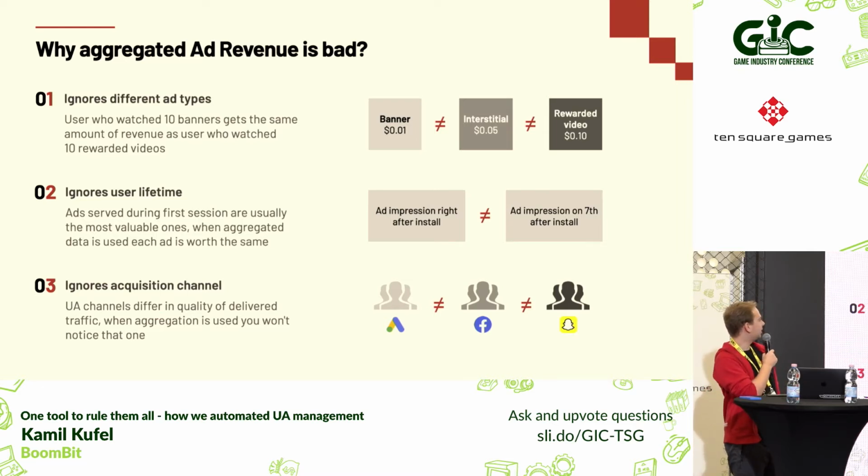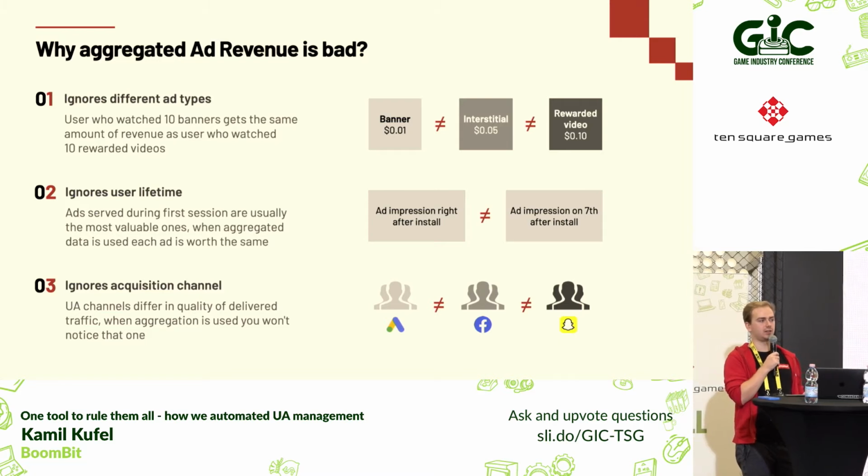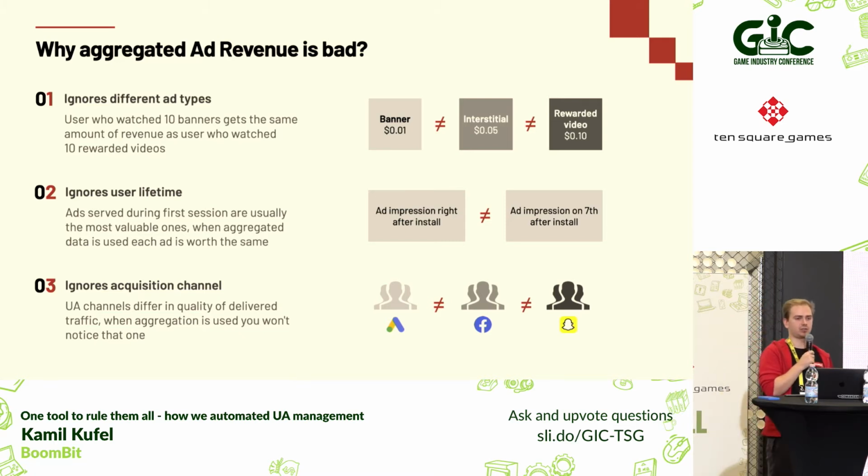The aggregated data usually assumes that a user on his first day of lifetime watches ads worth the same as a user on his 7th day. We usually find the first ads are worth the most, so we cannot assume that all of them are worth the same. And the third problem is that it ignores the user acquisition channel. Obviously, Facebook and Google Ads may deliver different quality of users. This is why we need user-level data to see the real value of users from Facebook or from Google to calculate the proper ROI.